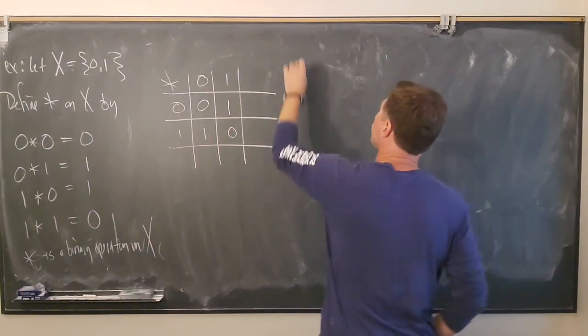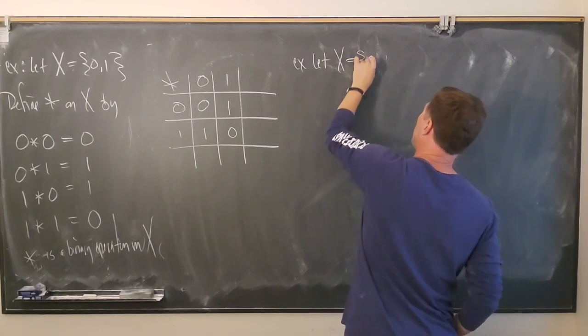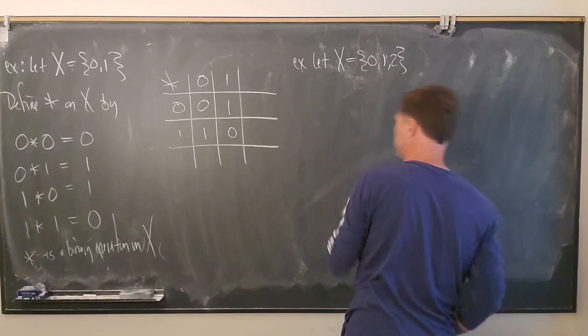Okay, so next example, let capital X be the set 0, 1, 2.